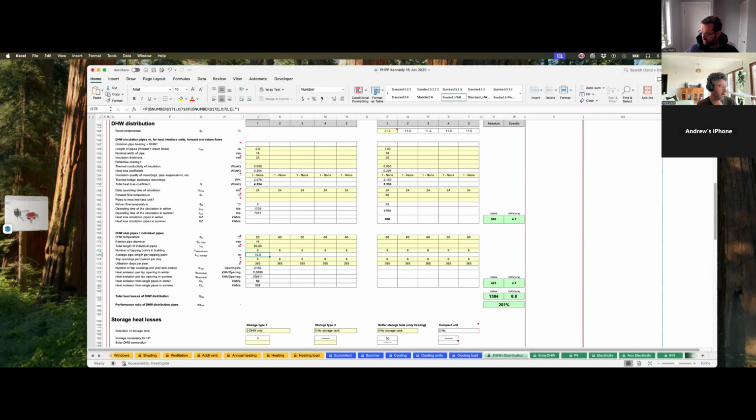Hot water. We need to put in the length of the hot water pipes. We don't have that yet, so I've just put an 80 in as a guesstimate. That's the length from the hot water service to each tap. So if you've got 2 hot water taps in line, we measure twice, once to each tap.